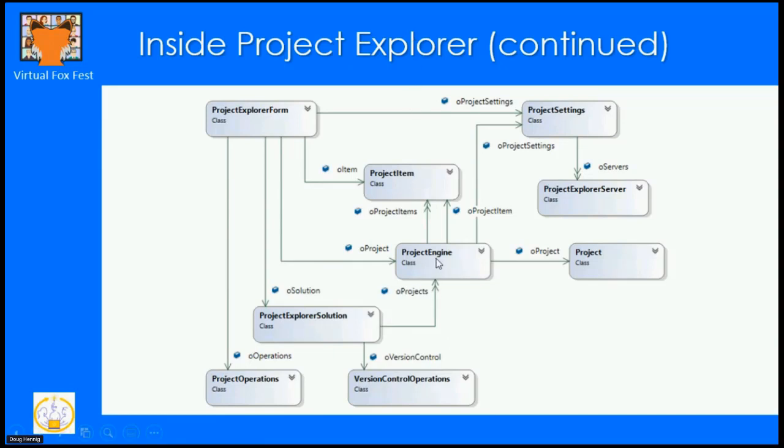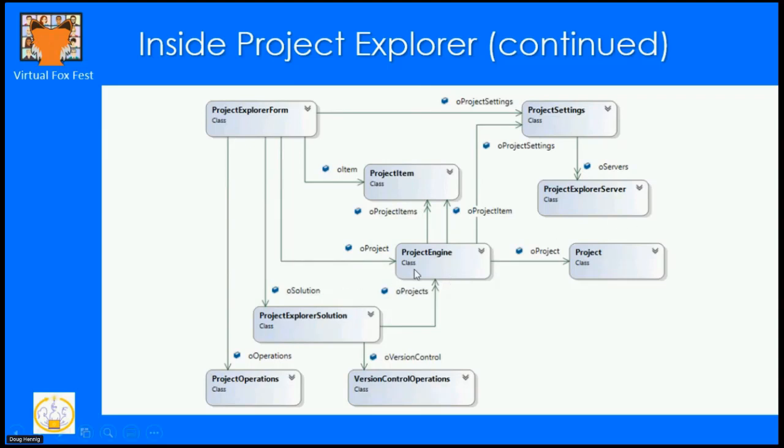The project engine class has an OProjectItems collection, and members of that collection are instances of the project item class. So there's one of these for every item. As we saw, there were 55 items between the two projects. So let's say that one of these projects had 40 of them, the other had 15.